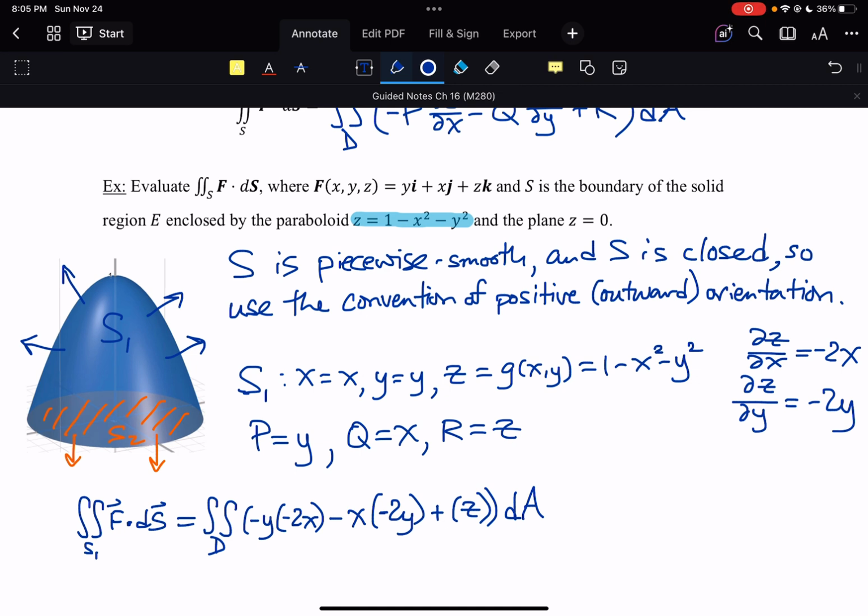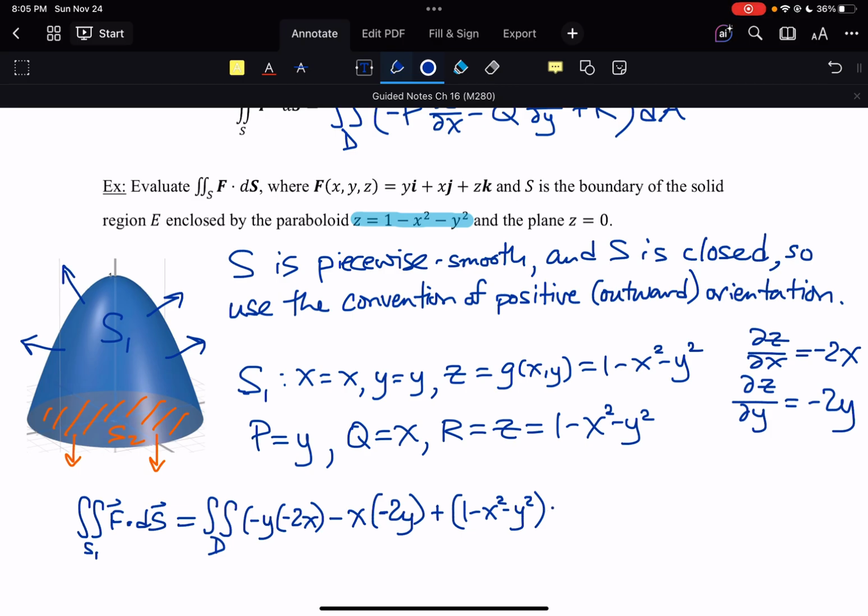But we don't want z. Maybe I'll just rewrite that right now before we get too deep into this, because x and y are parameters, right? So everything is in terms of x and y. I don't want this z to be my r. I'm just going to rewrite it using what we know z is from the parameterization. So let's put that right here.